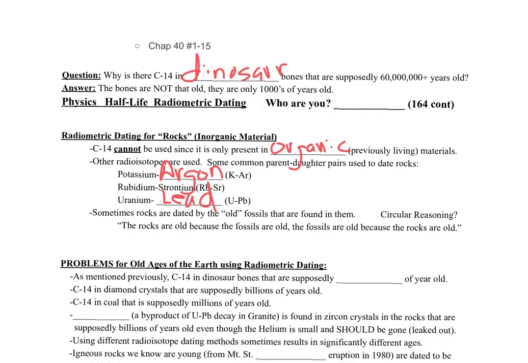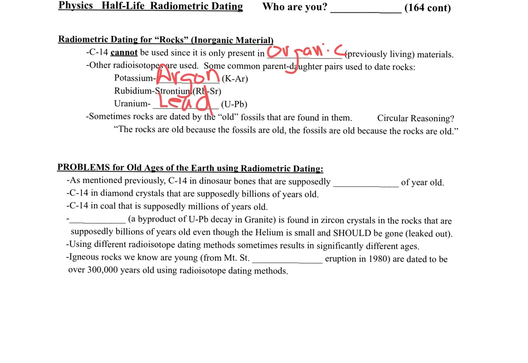But here are the main problems I'm trying to illustrate, and that is, okay, they find carbon-14 in dinosaur bones that are supposedly millions of years old. That's a problem. There should be no carbon-14 in dinosaur bones because they died out 65 million years ago.